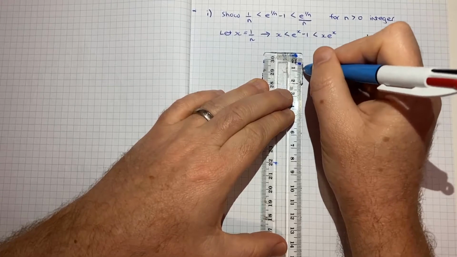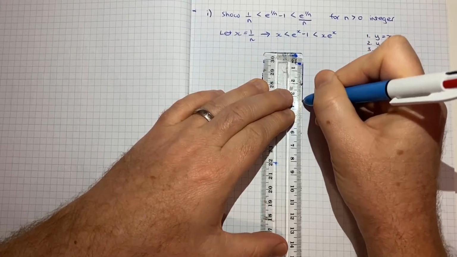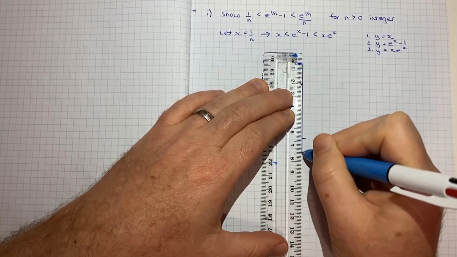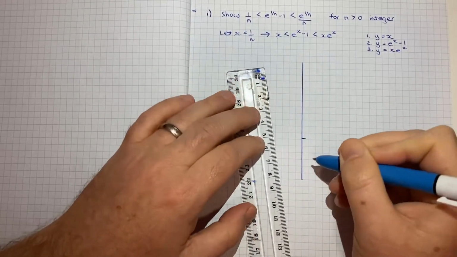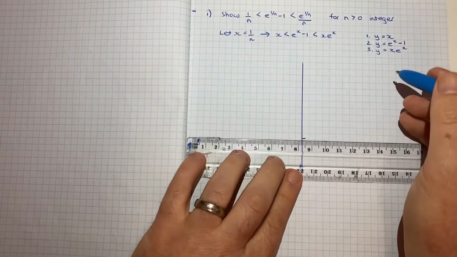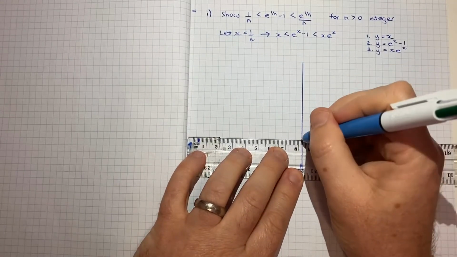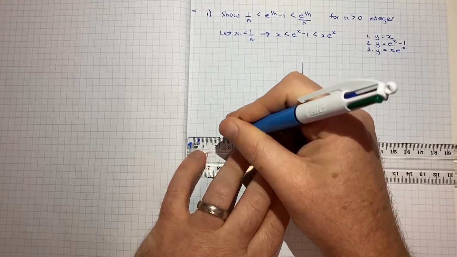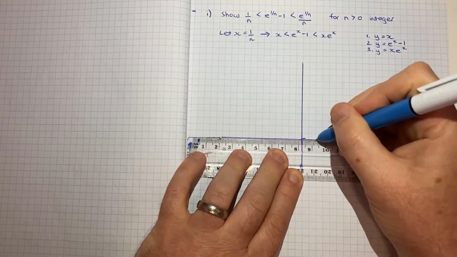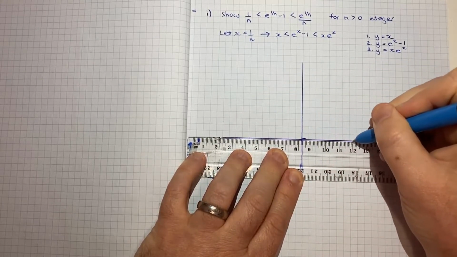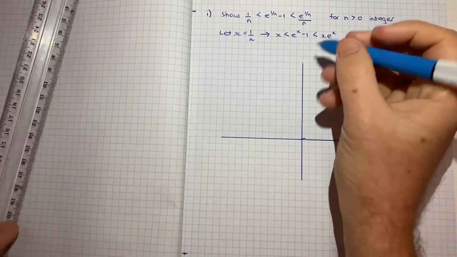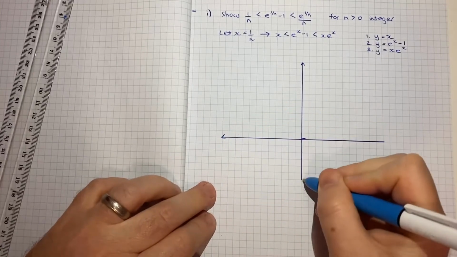So 1, 2, 3, 4, 5, 6. 1, 2, 3. We won't need to go too far negative given what we're dealing with. Alright, so I'll just get this axis set up.